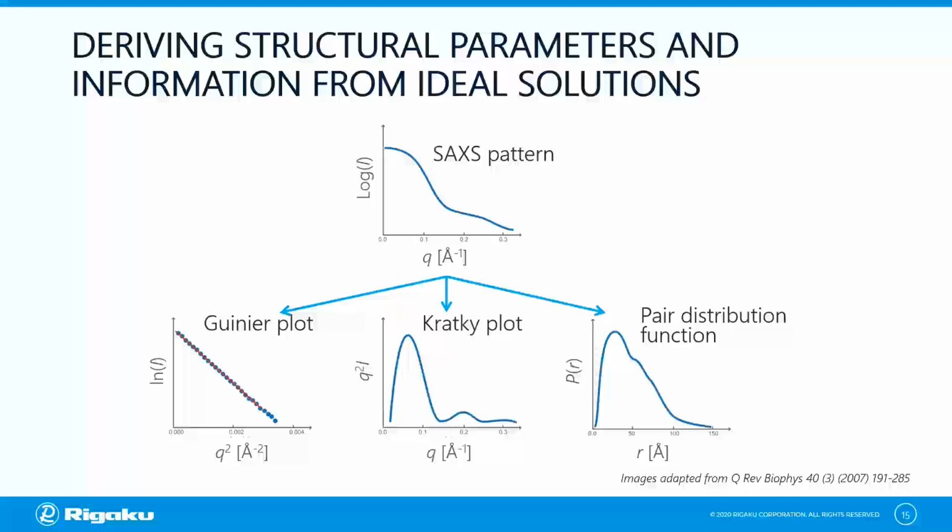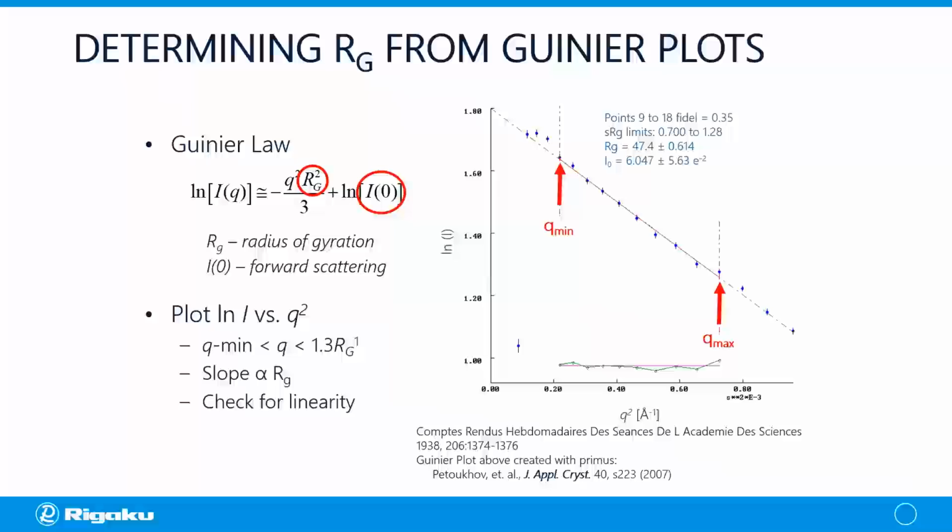So what can we actually get from that? Well, what we can do is we can take the scattering profile and we can look at a number of different factors. And we're going to go through each of these in detail. So first, what we can do is we can plot our scattering data in the form of a Guinier plot. And what that means is that we're going to take the natural log of the intensity versus Q squared.